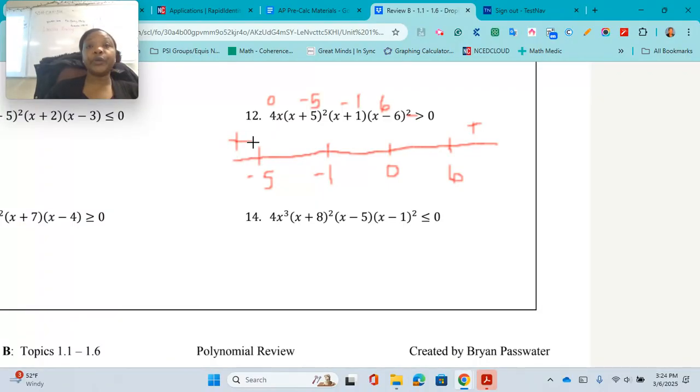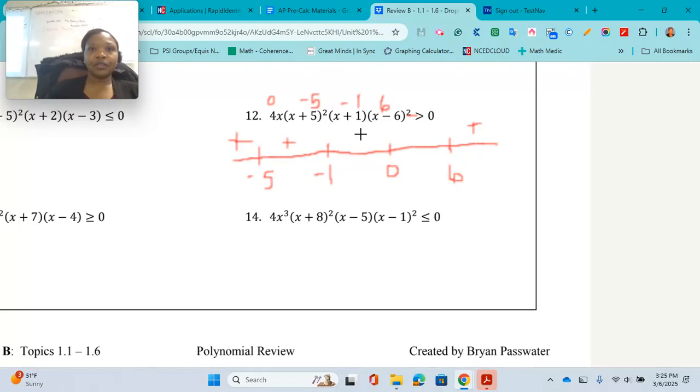Now let's go through with multiplicity. For the -5, what was the multiplicity? 2. So it did what? So if this is plus, this would be plus. All right, the -1, multiplicity.